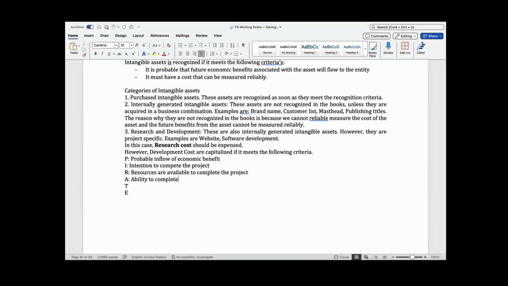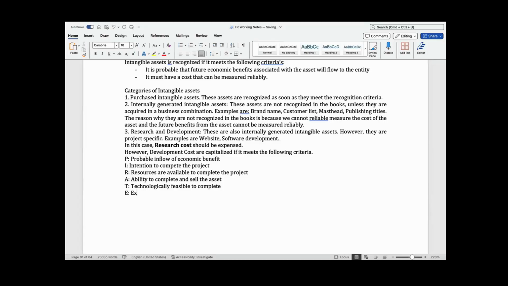Not just you want to, you have the intention to, you have the ability to complete and use and sell the asset. Also, it has to be technologically feasible to complete.